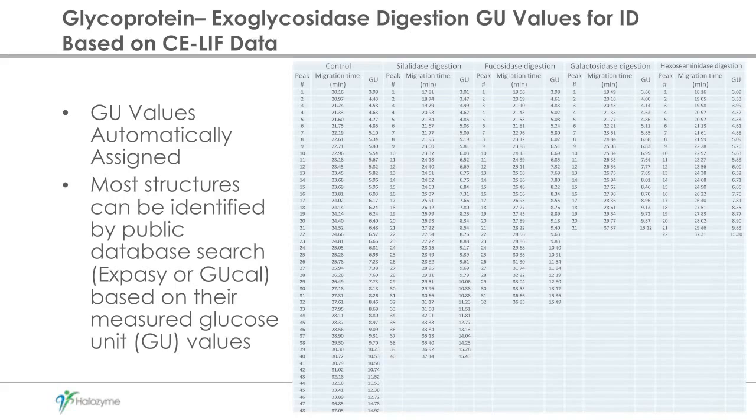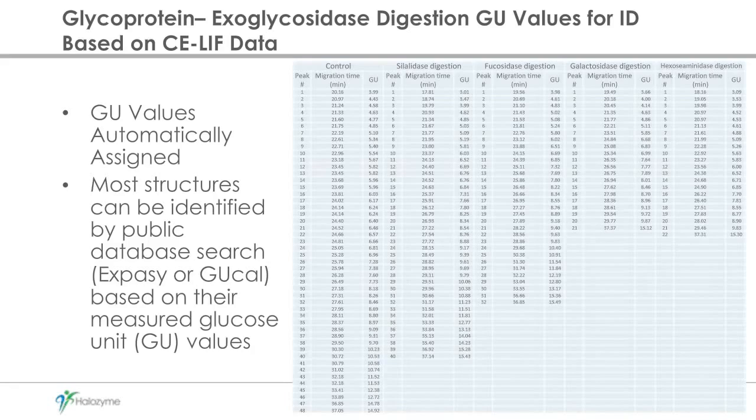You make sure all the peaks are integrated and identified, and then it creates a file and spits it out into Excel, giving you all these GU values, along with the ID of the glycans, if they are in the database.